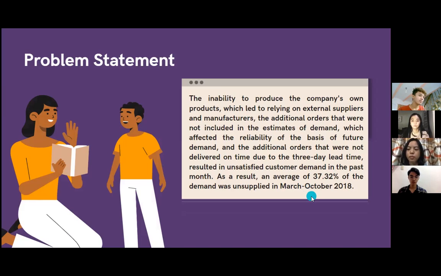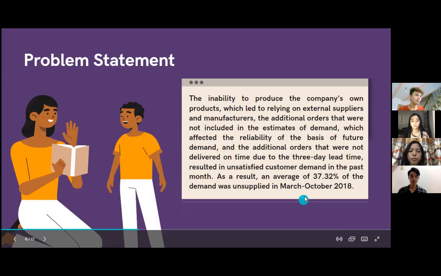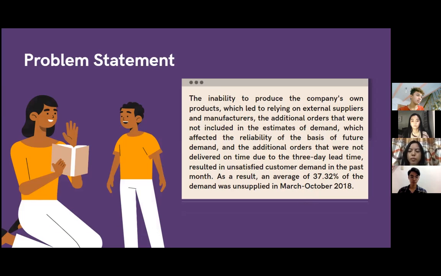The additional orders that were not included in the estimates of demand affected the reliability of the basis of future demand, and the additional orders were not delivered on time due to the 3-day lead time. It resulted in unsatisfied customer demand in the past month. As a result, an average of 37.32% of the demand was unsupplied from March to October 2018.